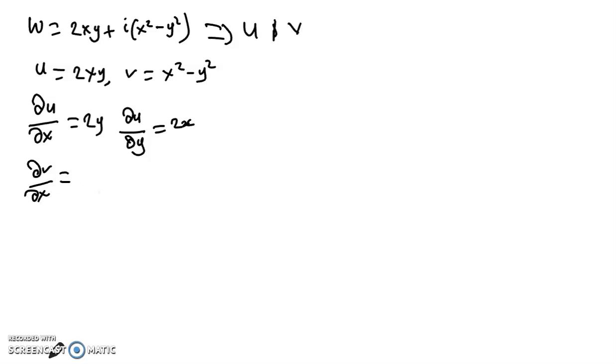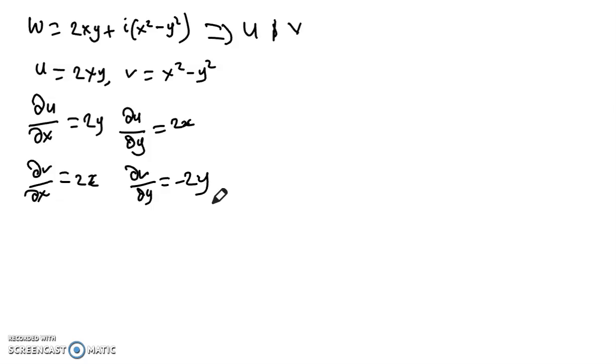If we differentiate this with respect to x, we get 2x. Let's also differentiate that with respect to y. Dou v dou y will give us negative 2y, because we are differentiating with respect to y.